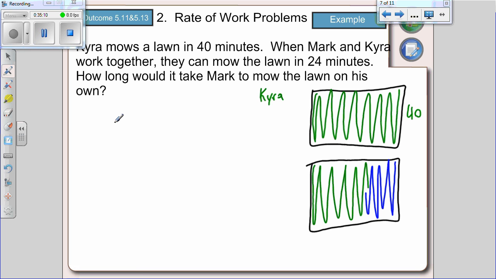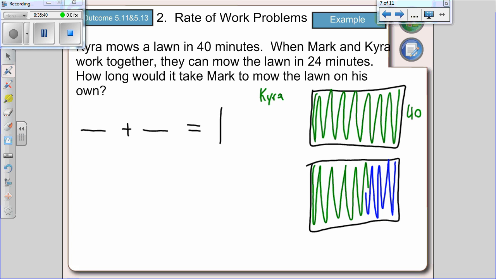I like the visual that it creates when you actually picture these things. Our next one is shoveling snow. It's the same idea. All these rate of work questions are going to work like that. So how many times does it take to do something, and then when they help, it's this much less time. But you're not actually doing the whole thing together, right? You're doing a fraction and they're doing a fraction.